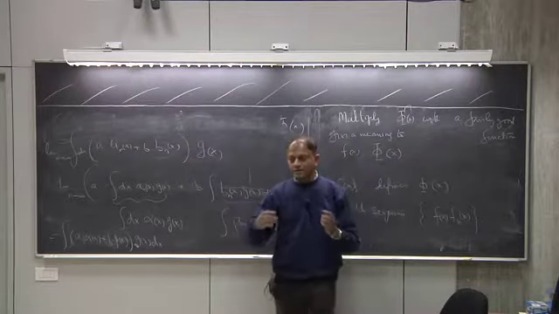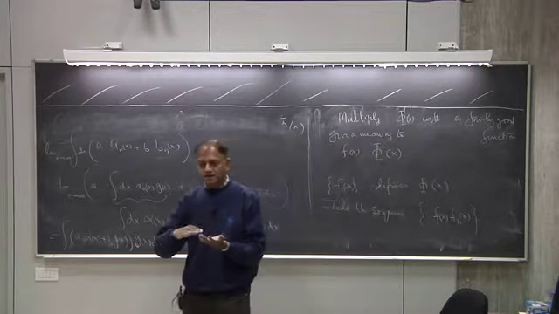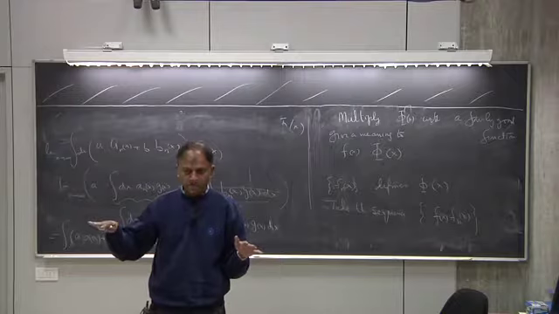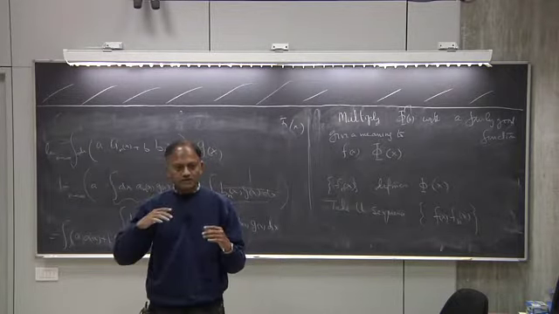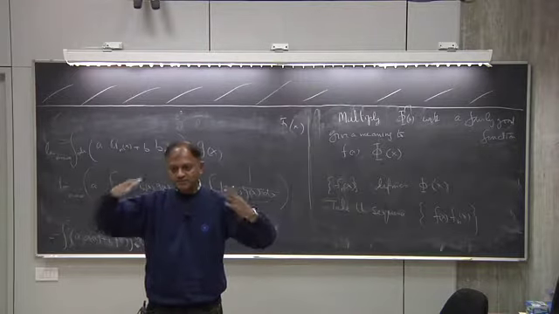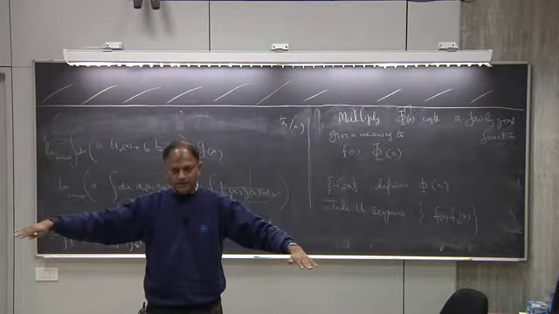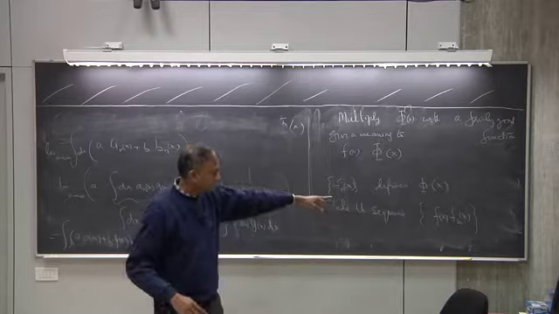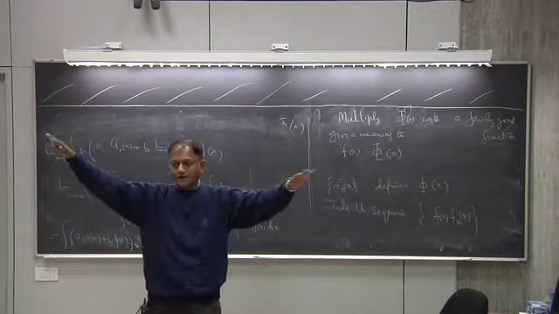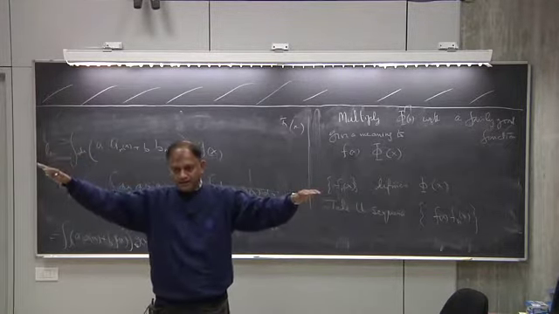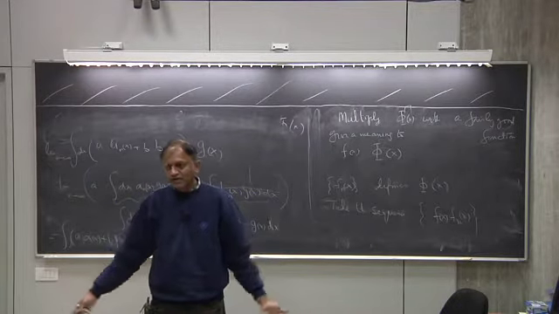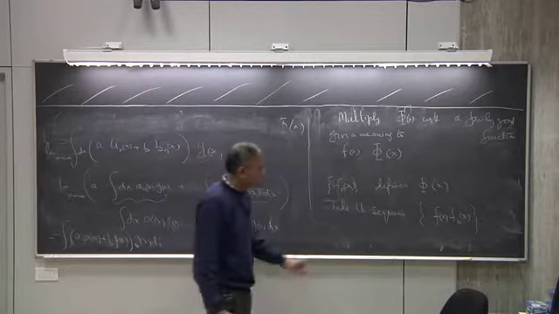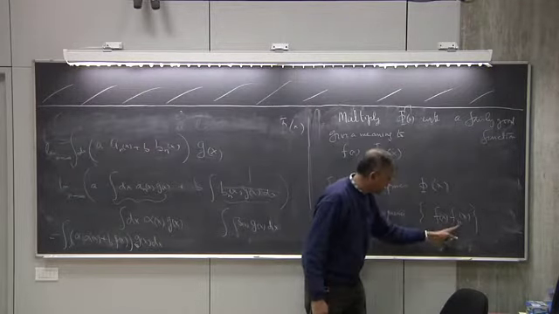Remember the discussion: both fairly good functions and good functions are differentiable any number of times, so the product is also differentiable any number of times. What was important about a good function is that it is suppressed faster than any power. Now f(x) is a fairly good function, so it can at most grow as some power law. So the product will again be suppressed faster than any power. Therefore, for each n, this is again a good function.